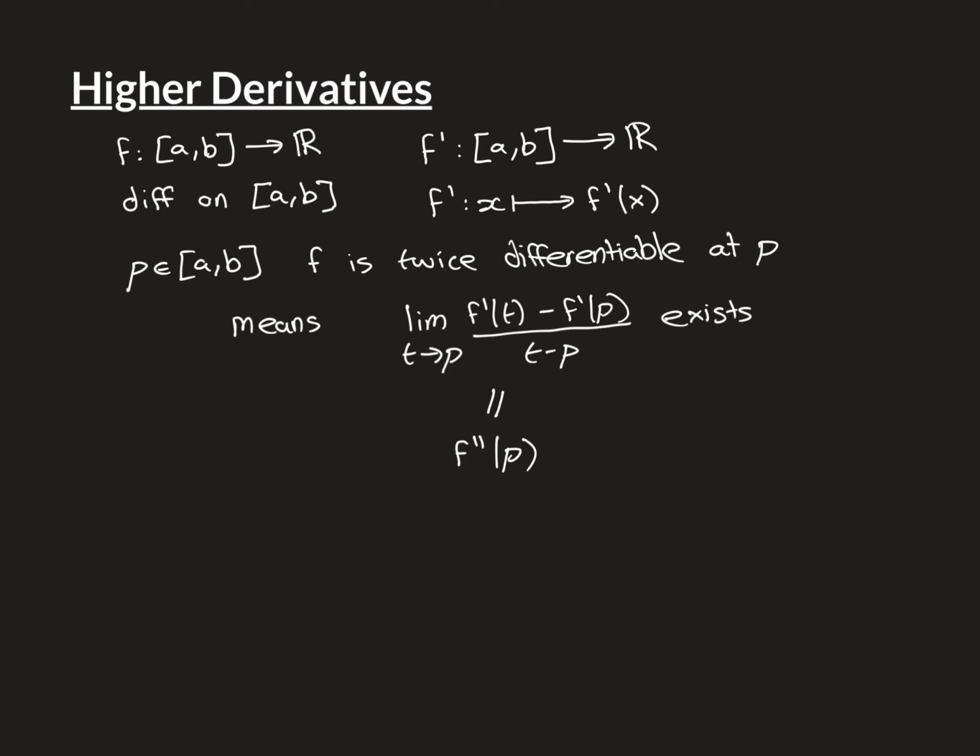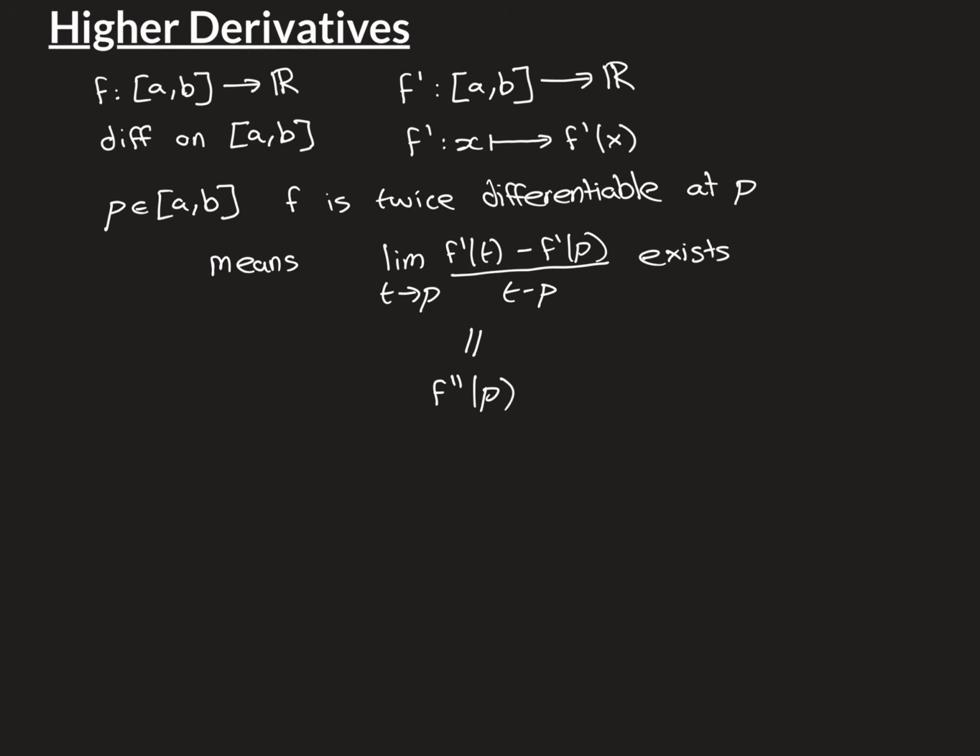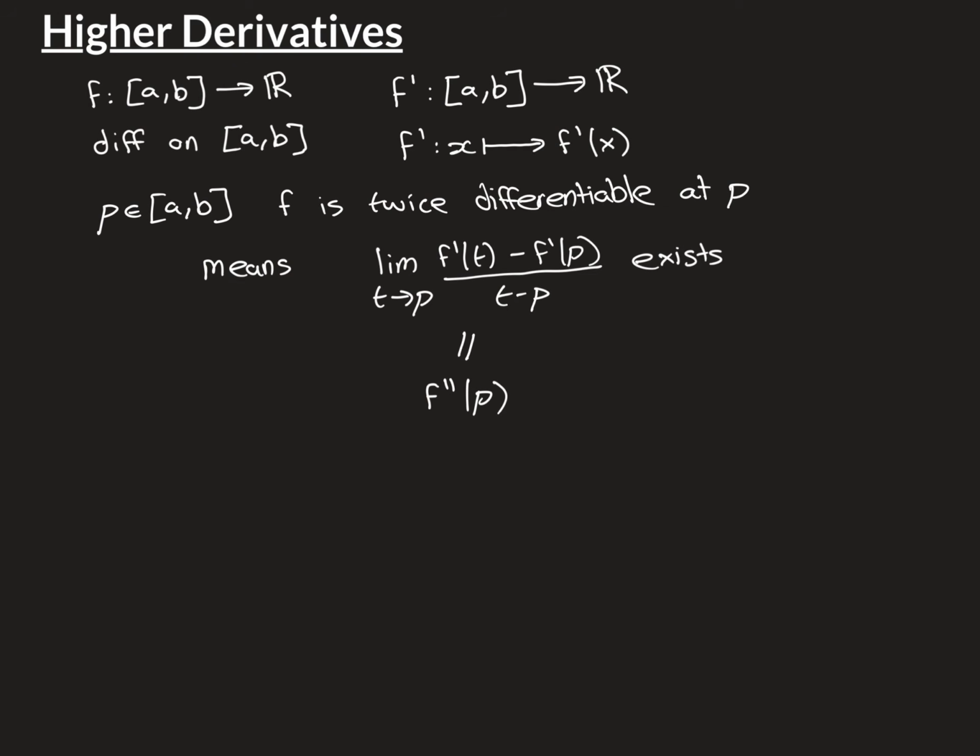And we can further generalize this. So we can now say, suppose our function f is twice differentiable everywhere on the closed interval ab, meaning that it's differentiable everywhere on the closed interval ab, and then its derivative function is then differentiable everywhere on the closed interval ab. You can then define what it means to have a third derivative at a point p. It will be that the second derivative, viewed now as a function, is going to be differentiable at the point p.